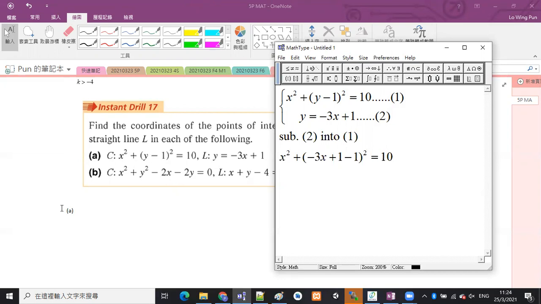Follow? Then it is nice because we have plus 1 and minus 1. These two terms are cancelled by each other. Okay, so what is remaining inside this bracket is just negative 3x. Okay, so it becomes x squared plus negative 3x bracket square is equal to 10.